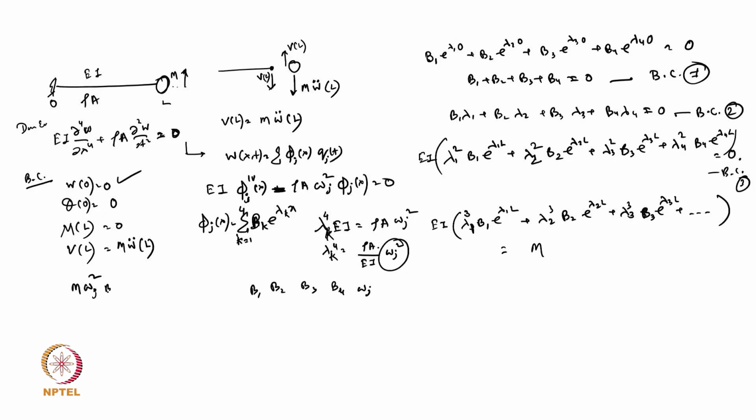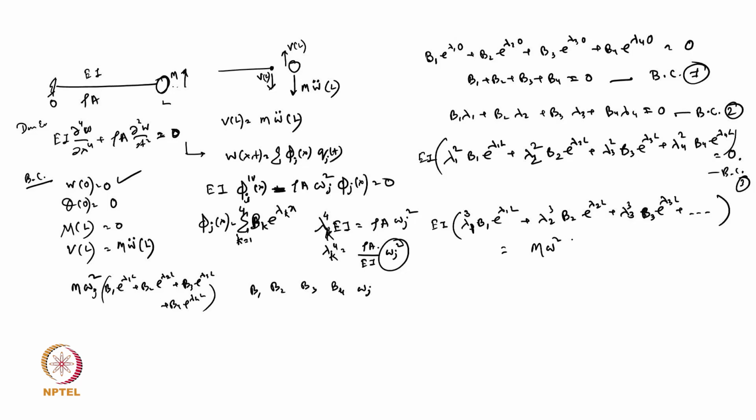So that will be again V1 e to the power lambda 1L plus V2 e to the power of lambda 2L plus V3 e to the power of lambda 3L plus V4 e to the power of lambda 4L. That's the whole thing.